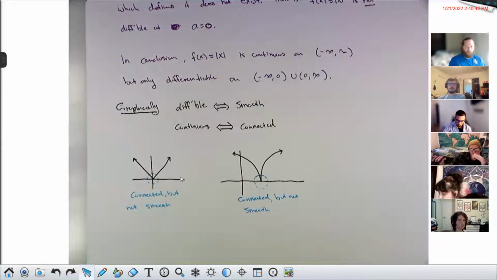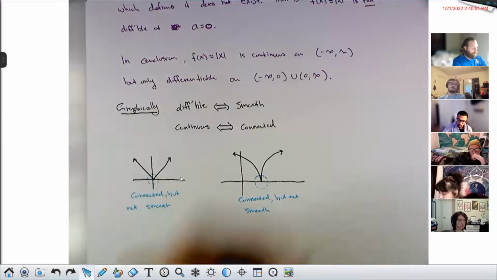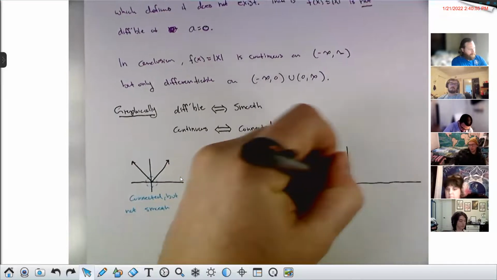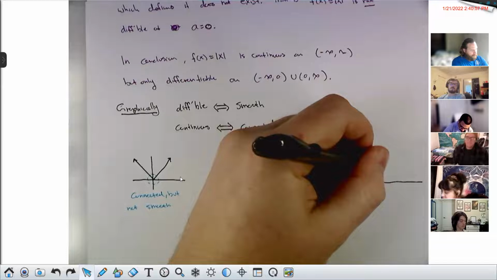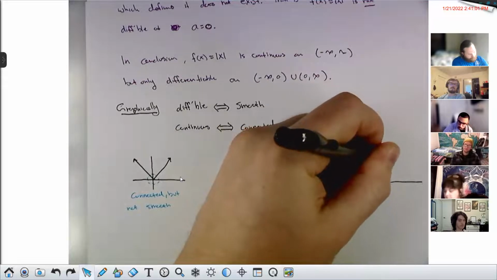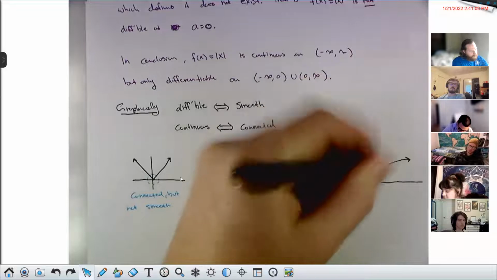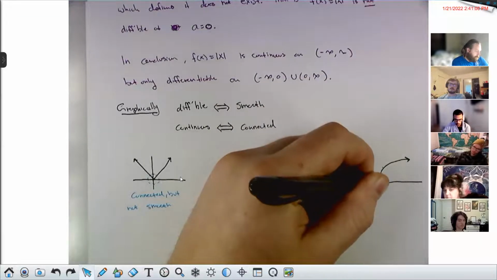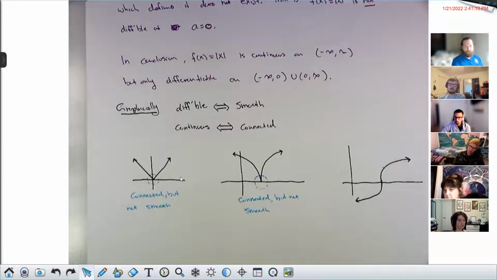And then the final way that differentiability can fail is kind of looking cuspy, but doing something like this.